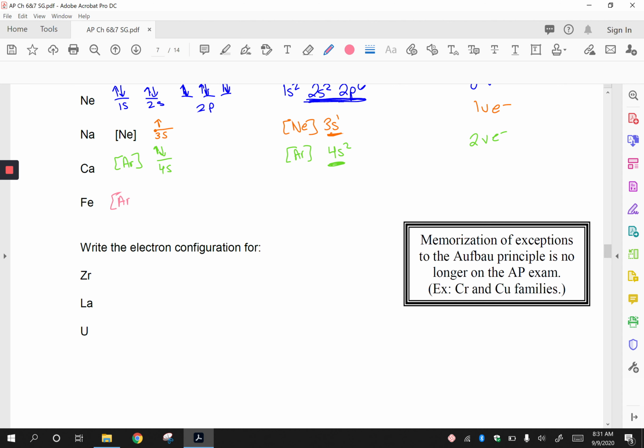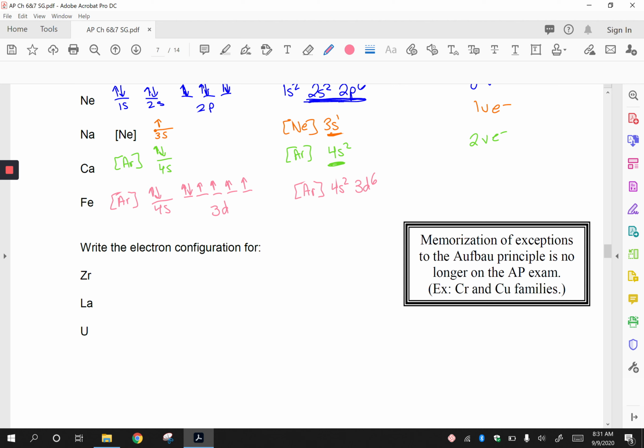Argon, then we have our 4s with 2 electrons, and then the 3d with 6. So you go 1 in each, 3, 4, 5, before you go back, pair them up in 6. For my electron configuration, same thing: argon, 4s2, and 3d6.